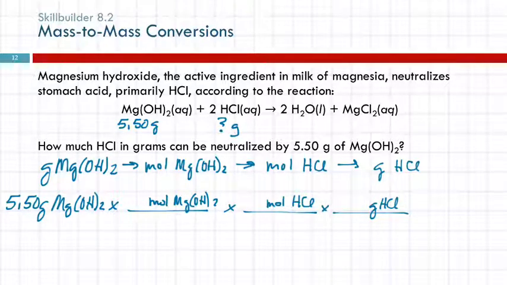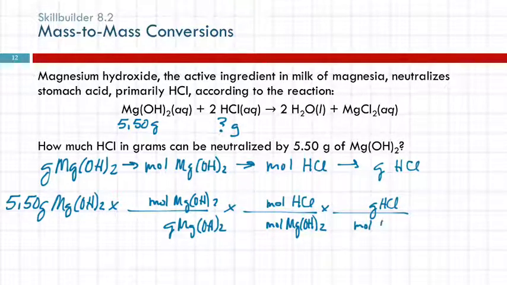It's just the path spread out with multiplication signs. This unit comes to the bottom, grams of Mg(OH)2, moles of magnesium hydroxide, moles of HCl.